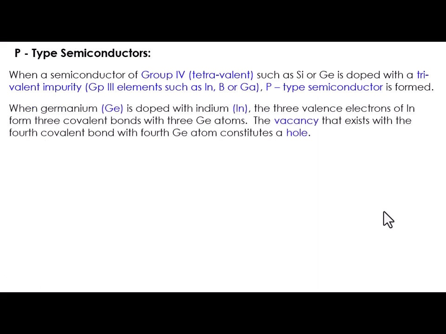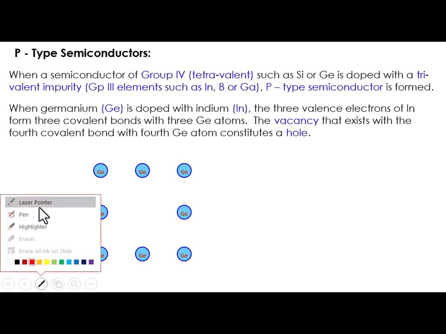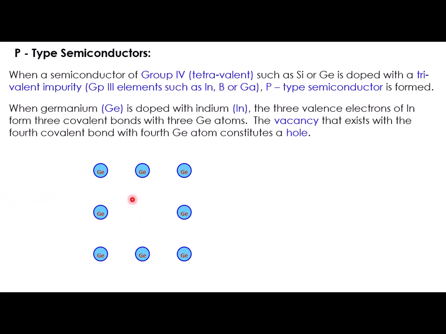For example, let us consider germanium doped with indium as shown in the figure below. Now in this germanium crystal, one vacant site is doped with an indium atom. Germanium has 4 valence electrons, whereas indium has 3 valence electrons.